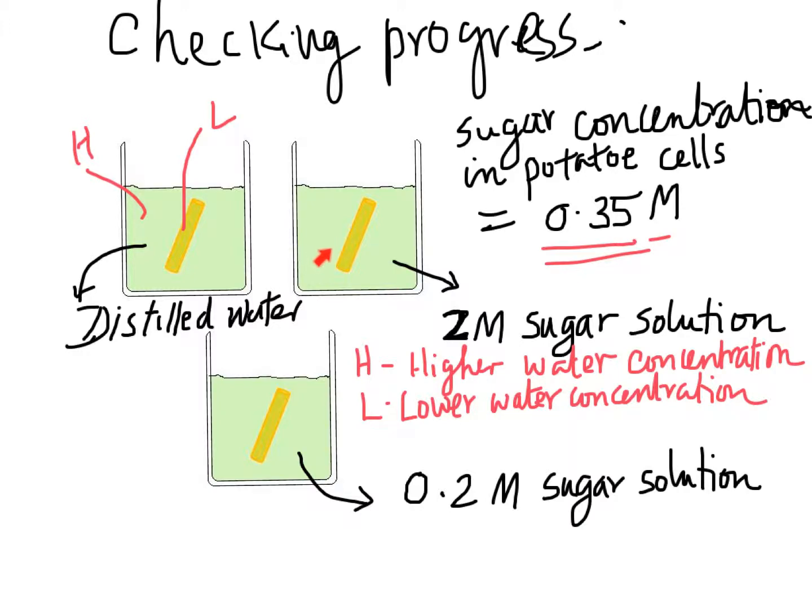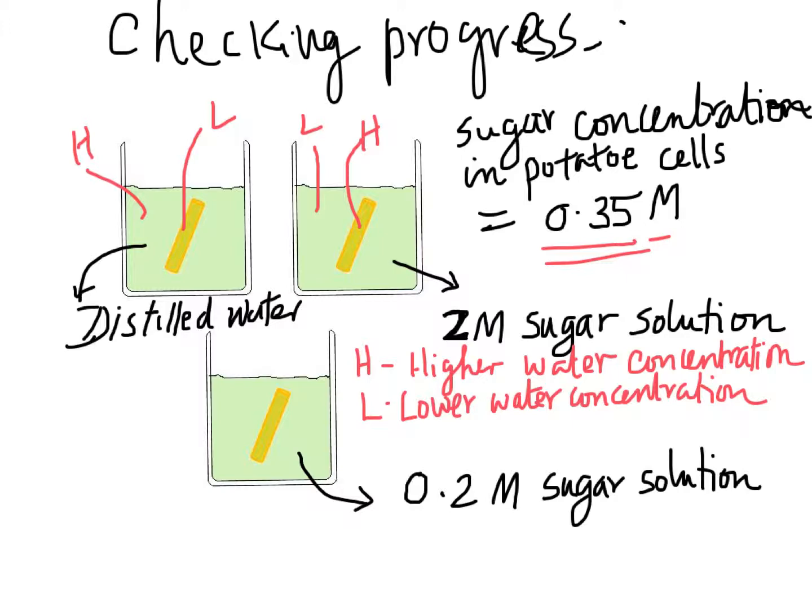Let's have a look at this solution here. Now this is 2M sugar solution, which is higher than this concentration. So you have a higher water concentration here, and a lower water concentration there. I hope you're not confused with this.